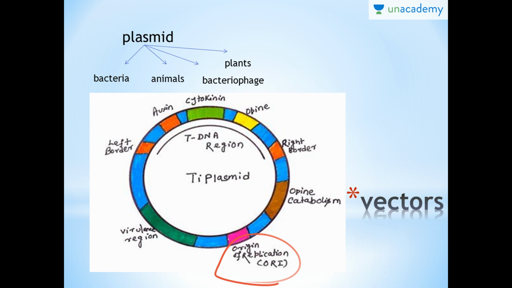And this is the T-DNA region, that is the transfer DNA region, meaning this region will be transferred into the host plant cell. The tumor inducing, that is TI, plasmid, which is present in Agrobacterium tumefaciens, has been modified into this cloning vector, which is used to deliver our genes of interest into a variety of plants.